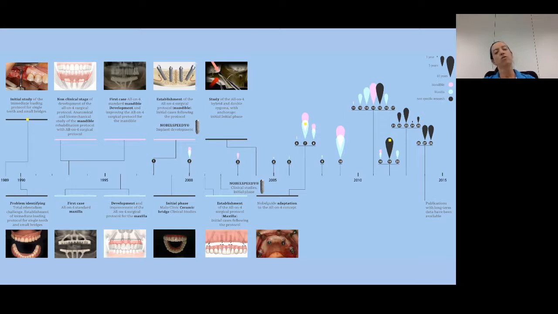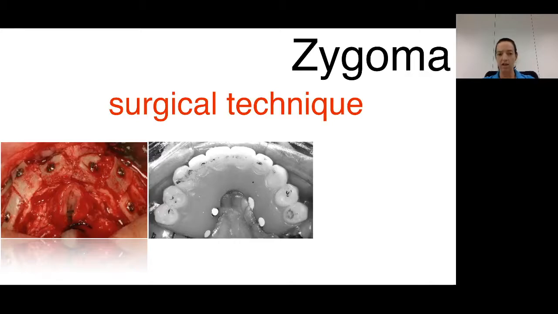But after the All-on-4 standard, we also wanted to improve our zygoma technique. When we were still using the Brånemark technique for the zygoma, we were using a lot of bone transplant in order to have onlays, so that the emergence of the prosthesis would be better.